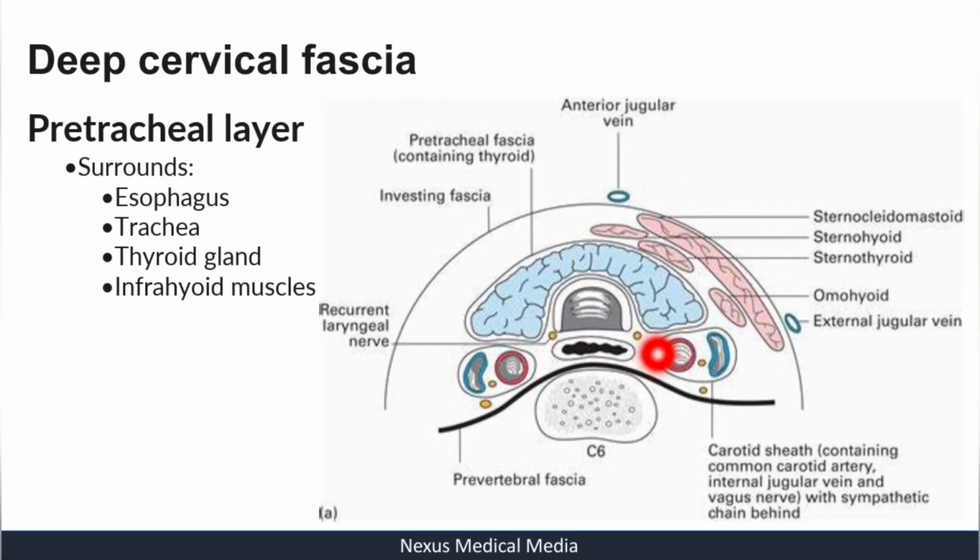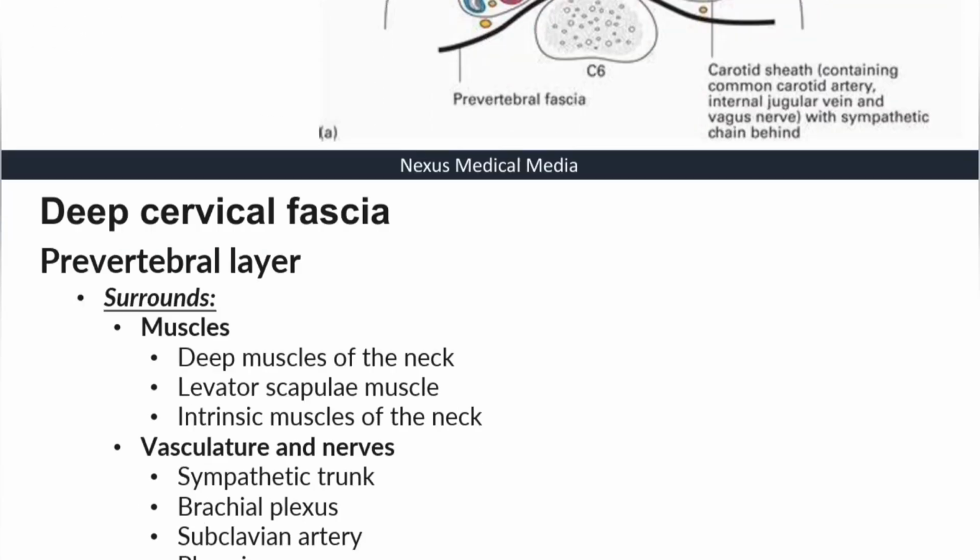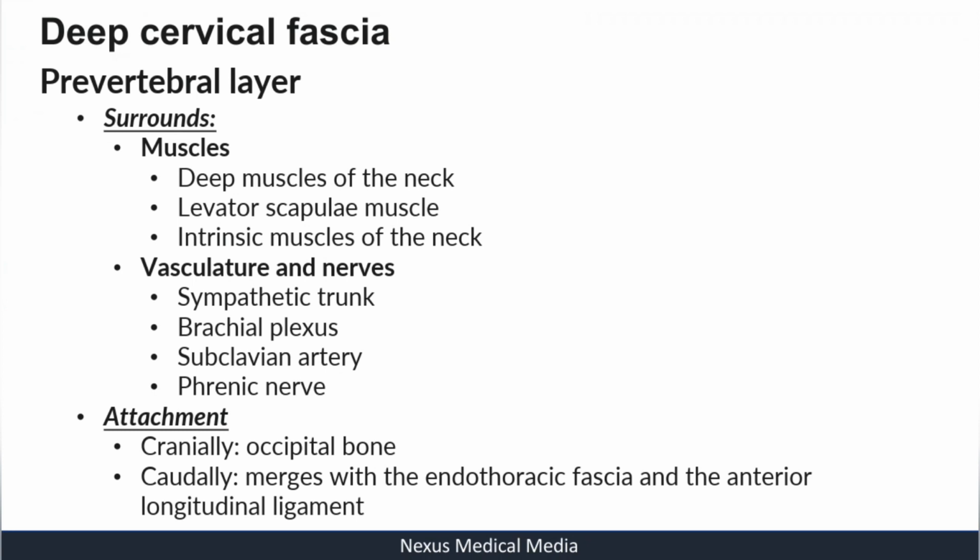The next one here is the prevertebral fascia. The prevertebral fascia surrounds the following: muscles, and the vasculature and nerves. Which muscles? The deep muscles of the neck, levator scapulae, and the intrinsic muscles of the neck.